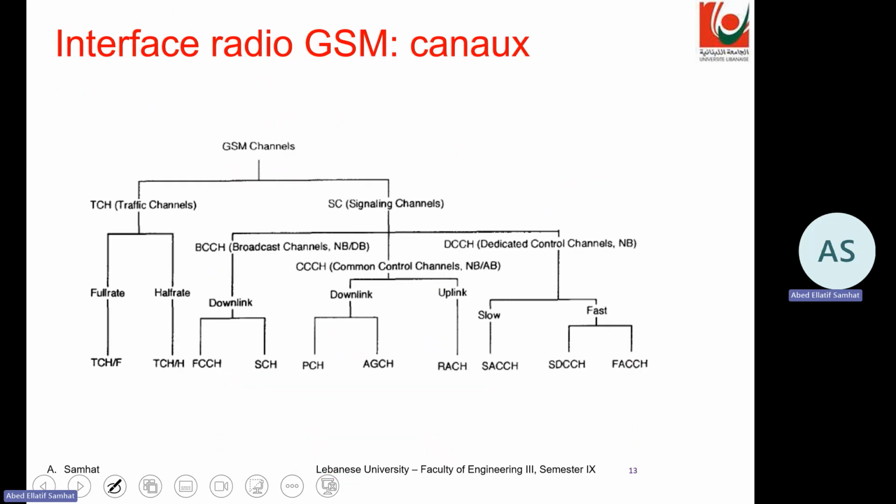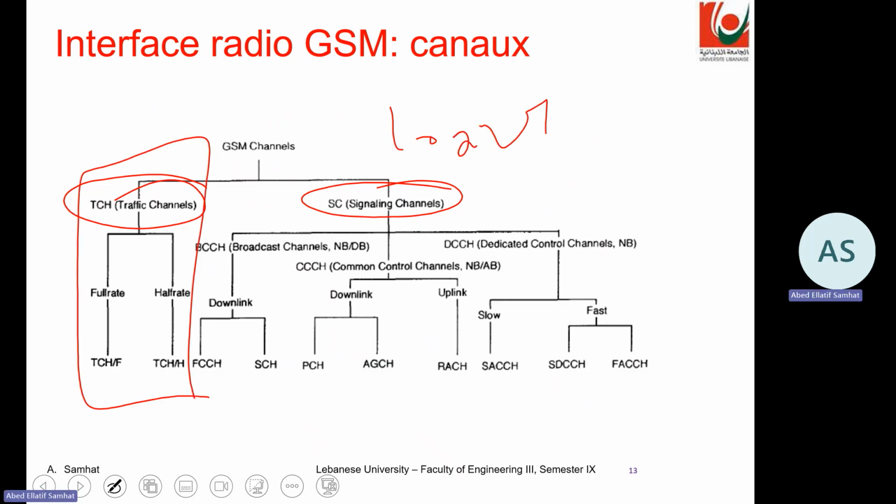Okay, arriving at this level, let's see together the radio interface and the different channels. Here we are talking about the logical channels. For the logical channels, we have, as we said, traffic channels and signaling channels. For traffic channels, we have the full rate and the half rate, and typically uplink and downlink.